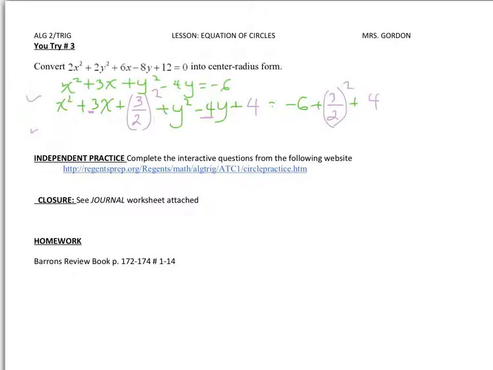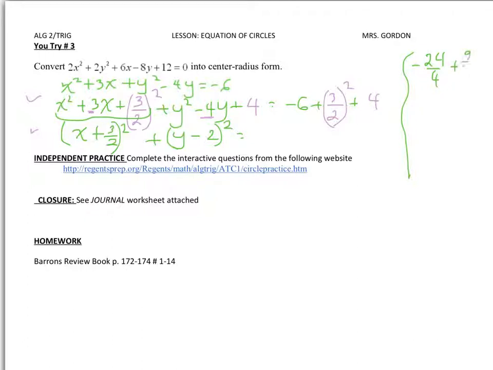Alright, now over here, this comes out to x plus 3 over 2, all squared, plus y minus 2, all squared, is equal to, I'm going to handle this separately. So it's negative 6, I'm going to turn negative 6 into negative 24 over 4. 3 over 2 all squared is 9 over 4.